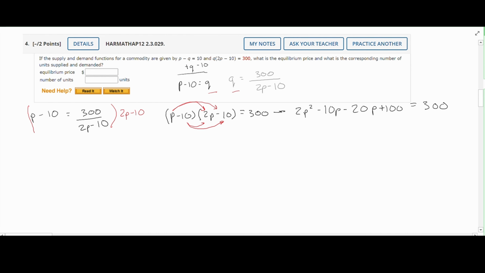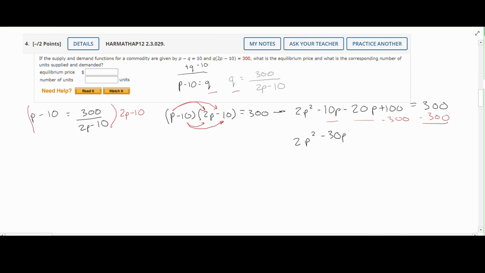Now, we want all of our constants on one side to set it equal to 0. That way we can use the quadratic equation to solve for this. So we are going to combine like terms. We notice that this negative 10P and this negative 20P have a P inside of it. That means we can combine them together. We are going to have 2P squared minus 30P, and if we want to bring the 300 over to the left side so that we get 0 on the right, we're going to have a negative 300 and we're going to subtract it from both sides.